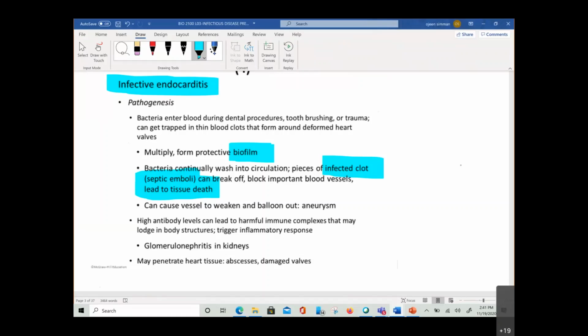This inflammatory immune response mediated by antibodies can actually lodge in the glomerulus of the kidneys, leading to glomerulonephritis, which is infection of the glomerulus and the nephrons of the kidneys. Okay, so that could also be seen as a consequence of infective endocarditis. This usually happens a few weeks after.